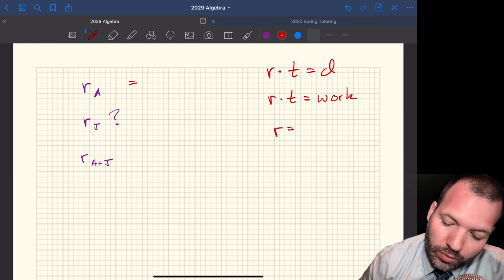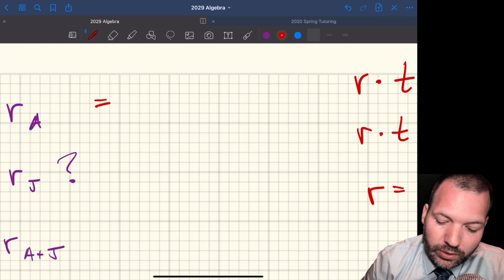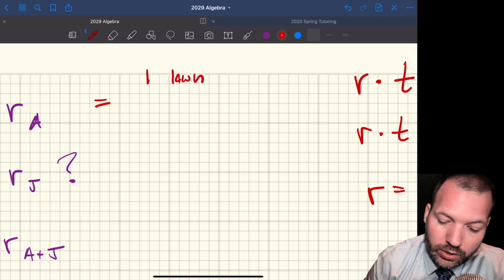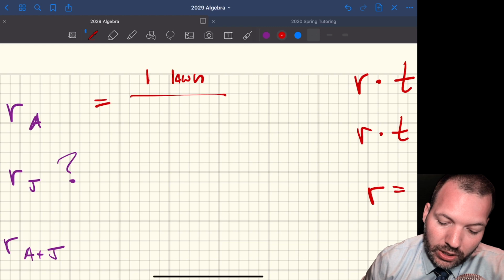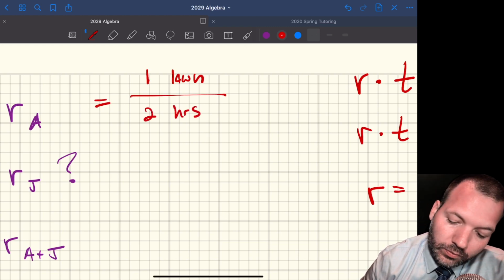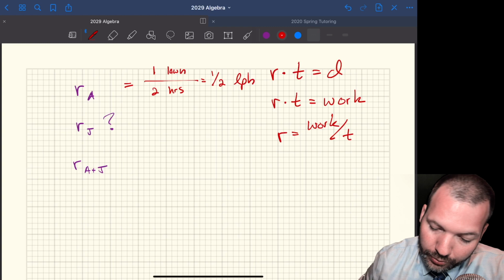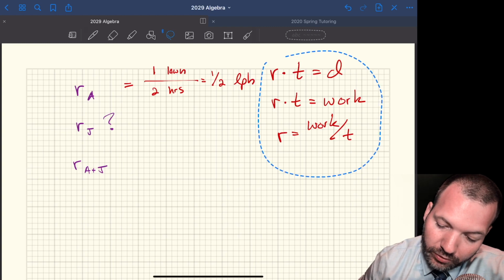This means that rate is the job per some period of time. In this case, I'm literally just going to call it one lawn, right? That's the job that she does. And she's able to do it in 2 hours. And if I simplify this, of course, that means she is working at 1/2 lawn per hour.